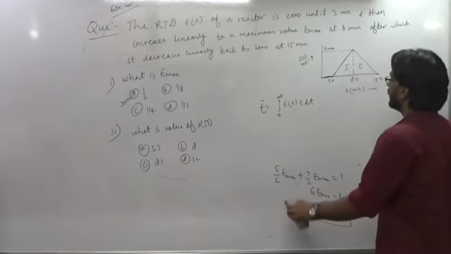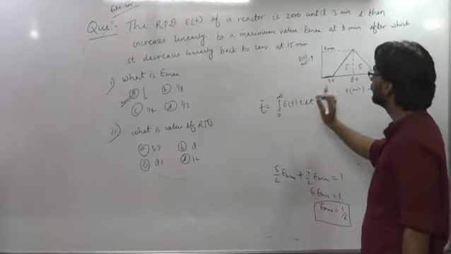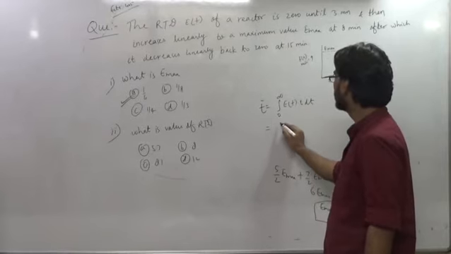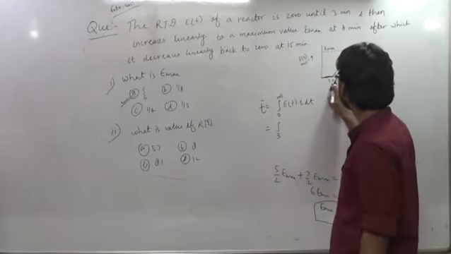Now till this value it is 0, so can we write it from 3 to 8, from this value to this value?